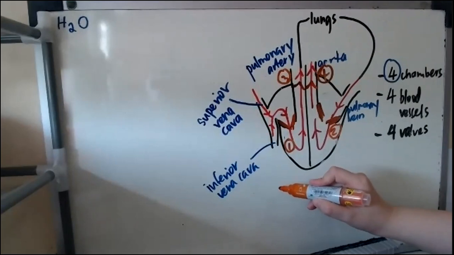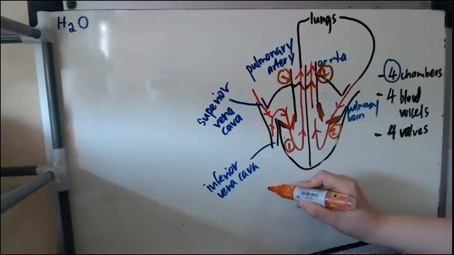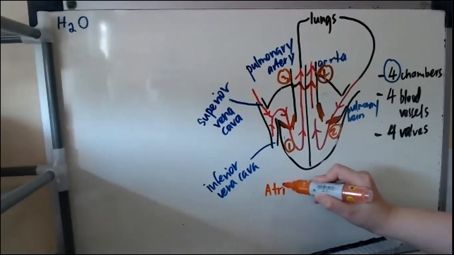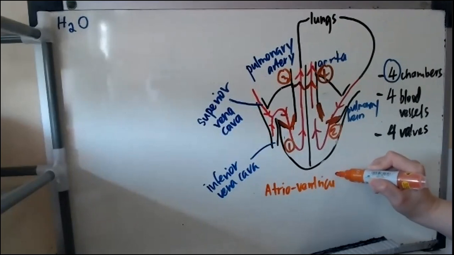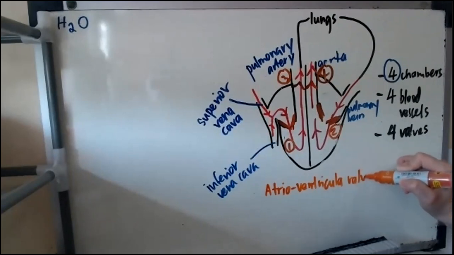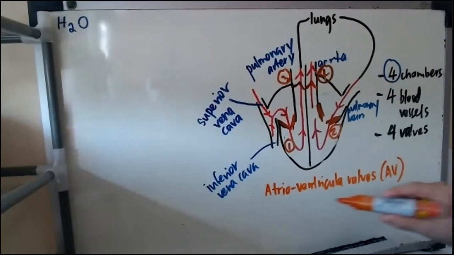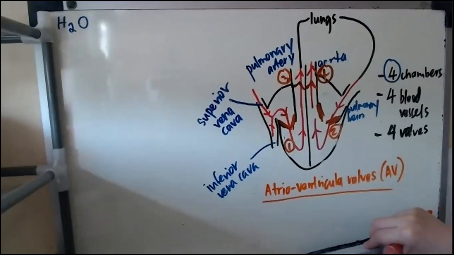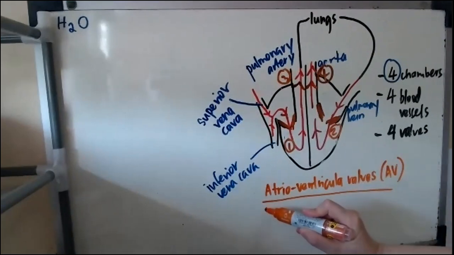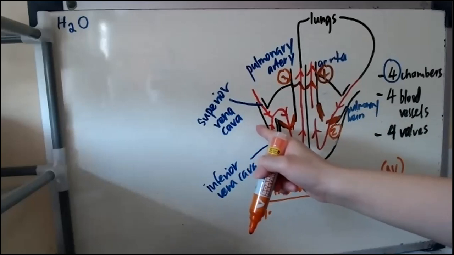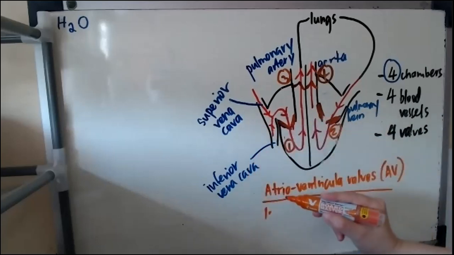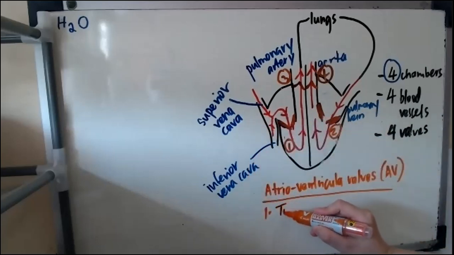So valves 1 and 2 are also known as the AV valves, or atrioventricular valves. AV valve number 1 is found at this side. This side is the tricuspid valve.